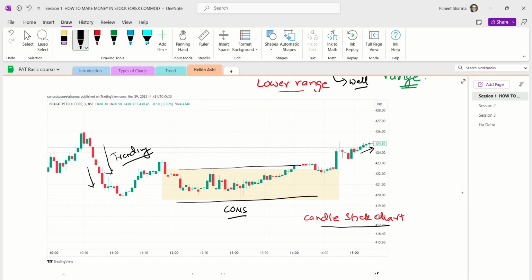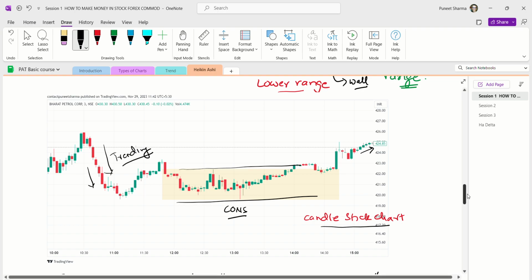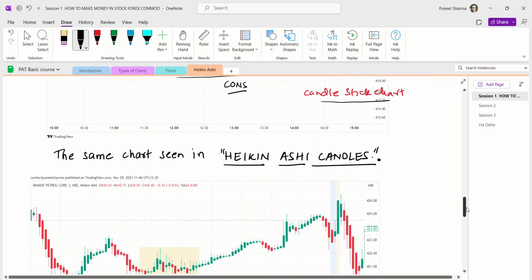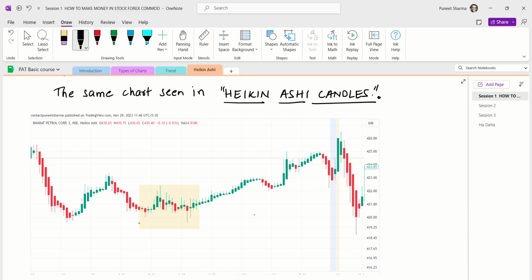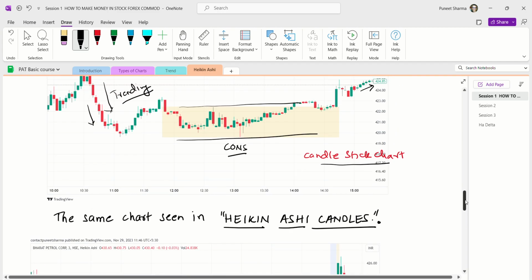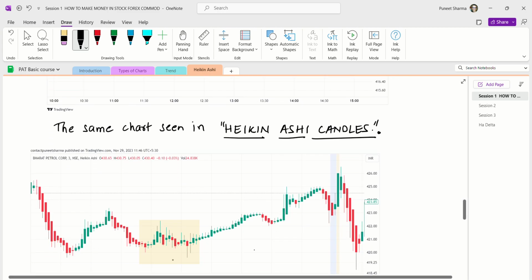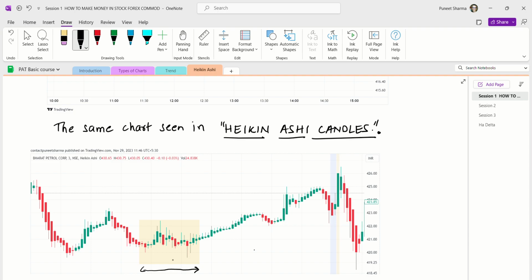So if we look at the same price pattern in a Heikin Ashi chart, how will it look like? The same chart seen in Heikin Ashi candles is this. You see the same long period is shortened by this much size only. Only this much patch is showing in Heikin Ashi that we are under consolidation, and after then it is giving a very smooth indication that a trend has emanated.